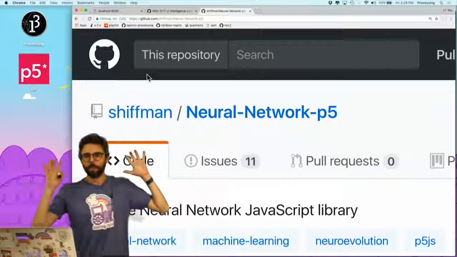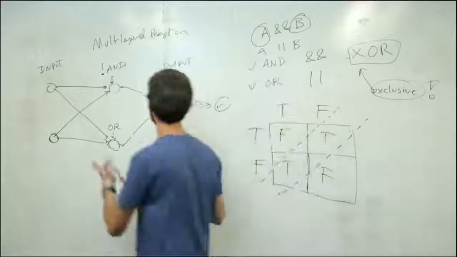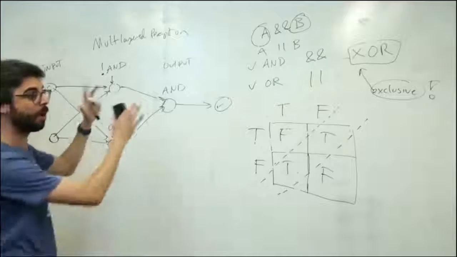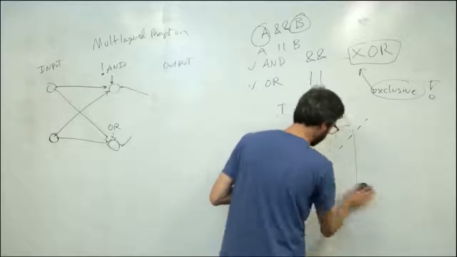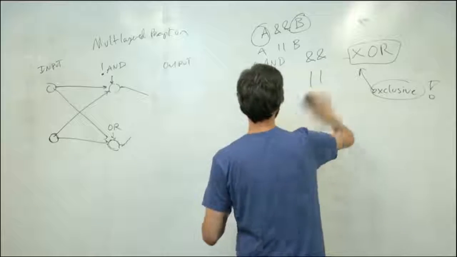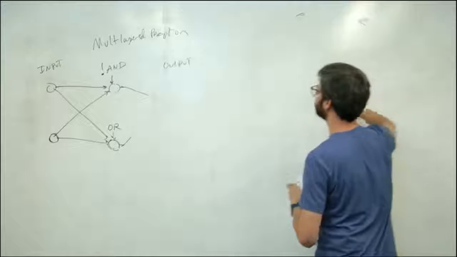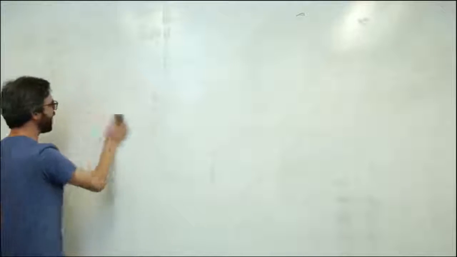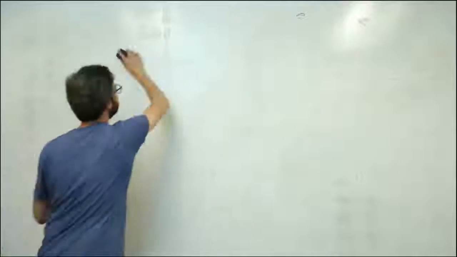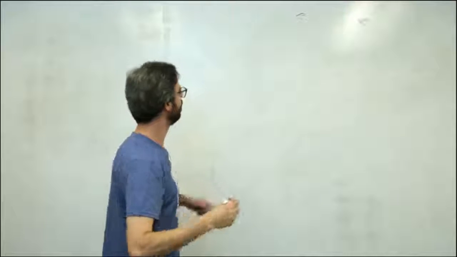So before I can write the code, let me come over here to the whiteboard, and this is where I last left off talking about how the general structure of a neural network system works. And so what I need to do here is, when in the code I create a neural network, I want to create three things.